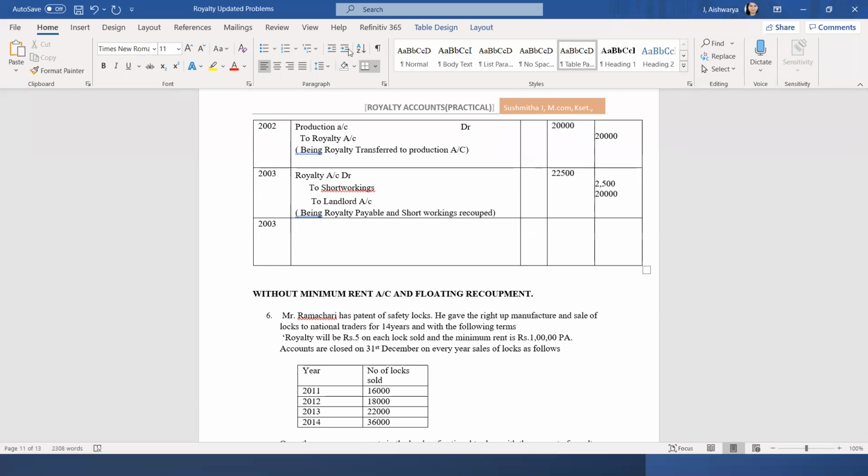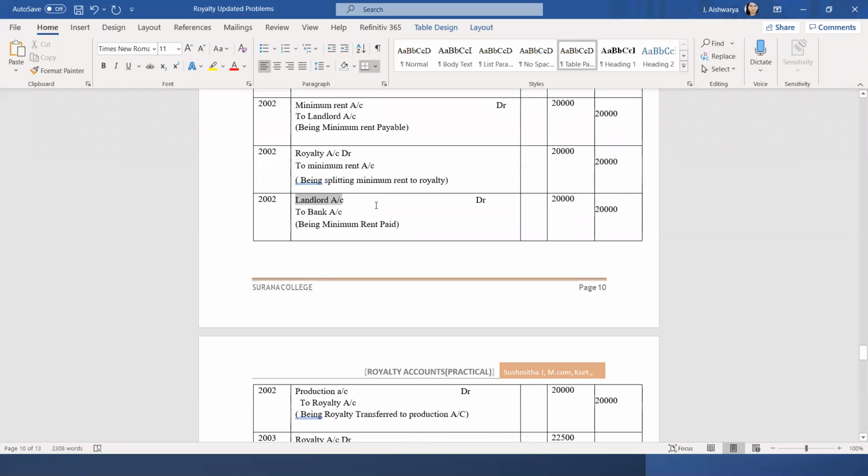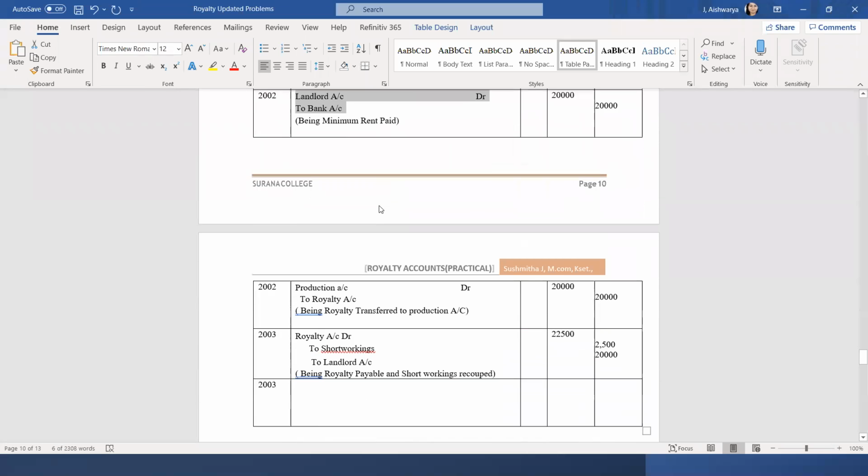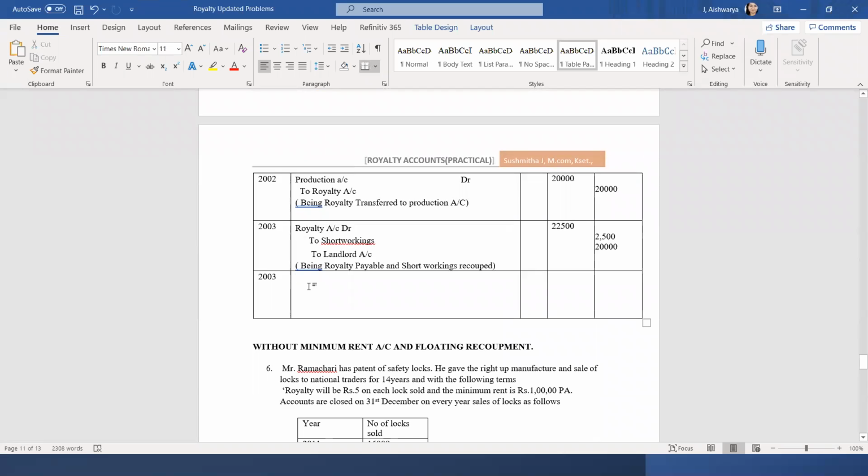Landlord account debit to bank account. So what is the narration? Being royalty amount paid.